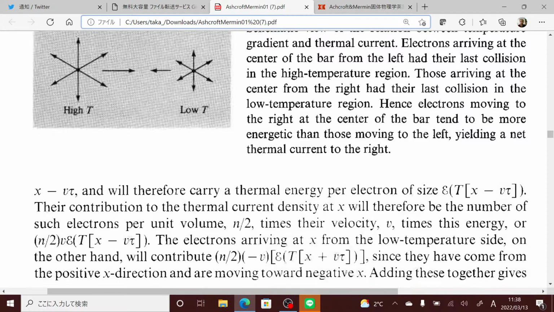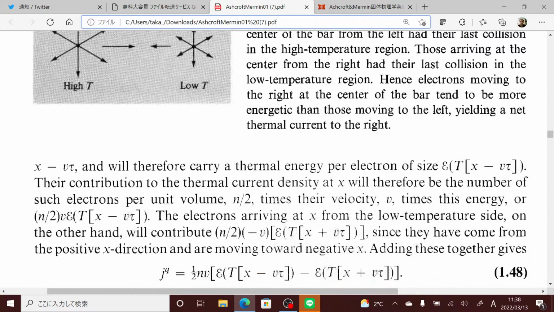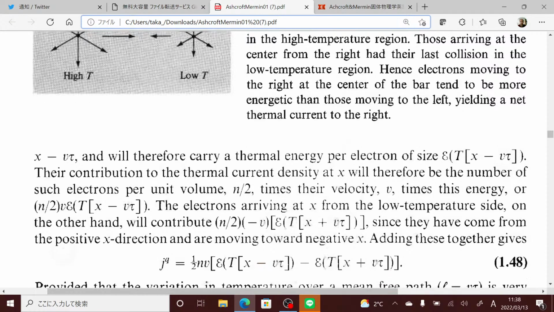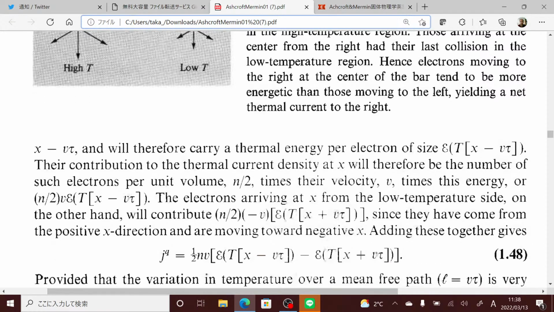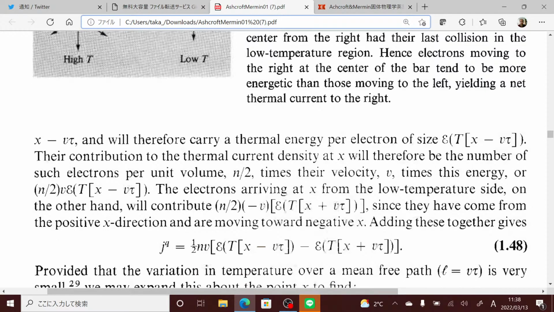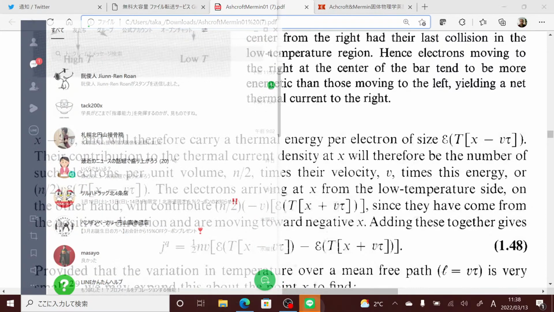and will therefore carry a thermal energy per electron of size epsilon of T at x minus v tau.